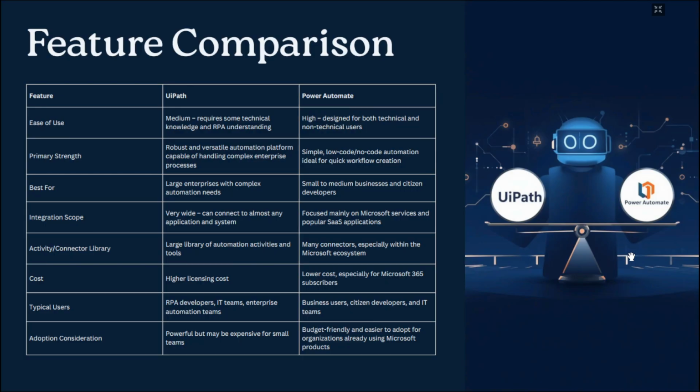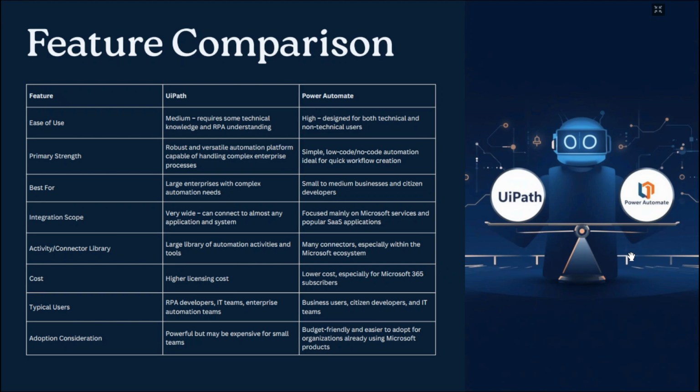If we move on to the next point, typical user: RPA developers, IT teams, enterprise automation teams for UiPath, and for Power Automate, business users, citizen developers, and IT teams. So again, UiPath is more professional developer centric, and Power Automate can be for regular or simple developers who can just use it for simple flows.